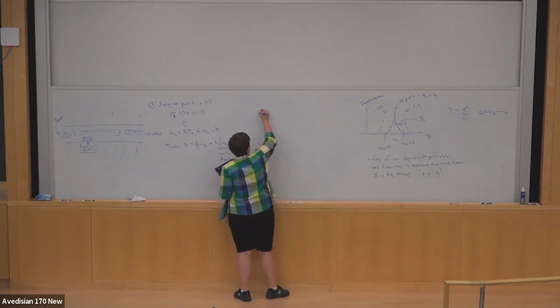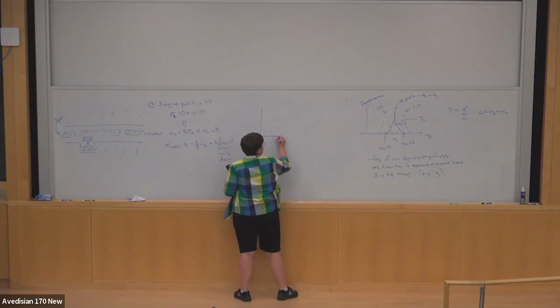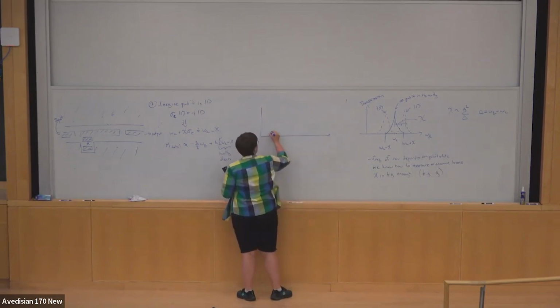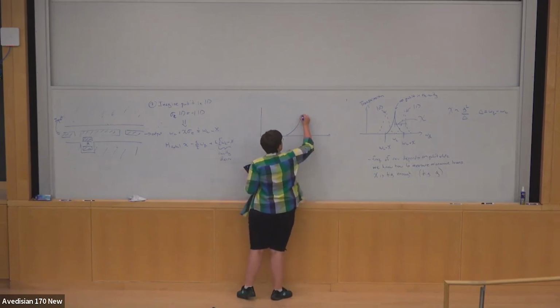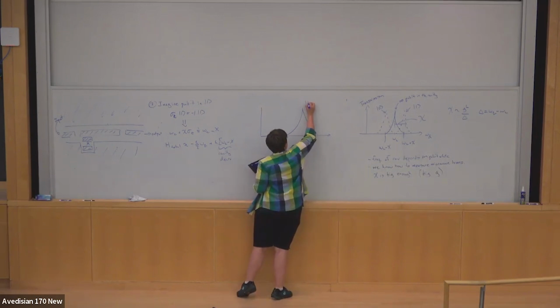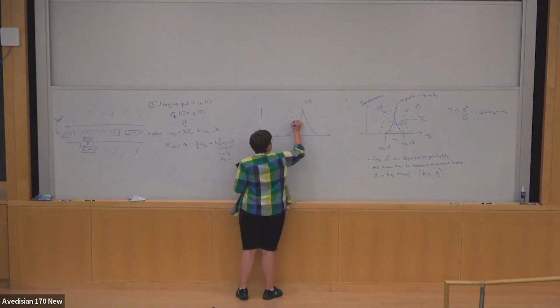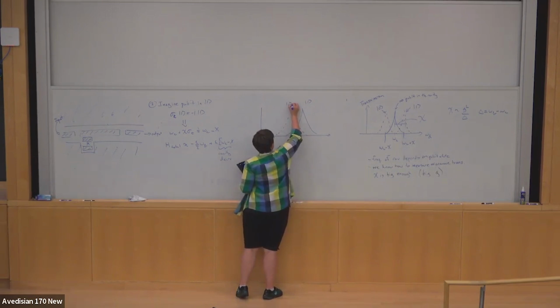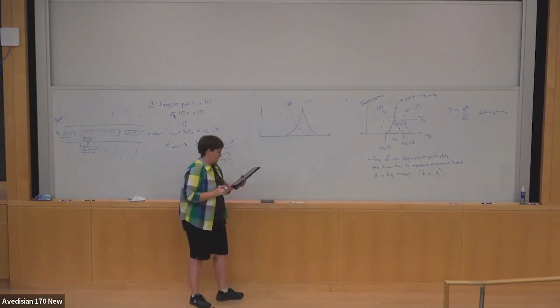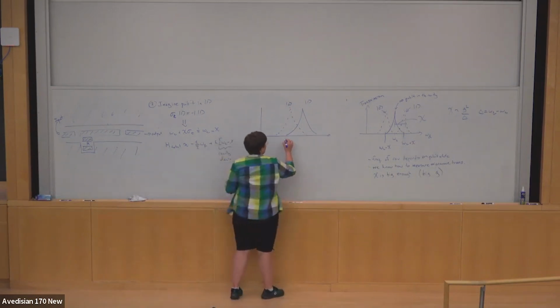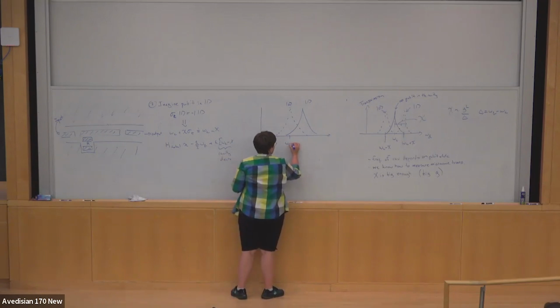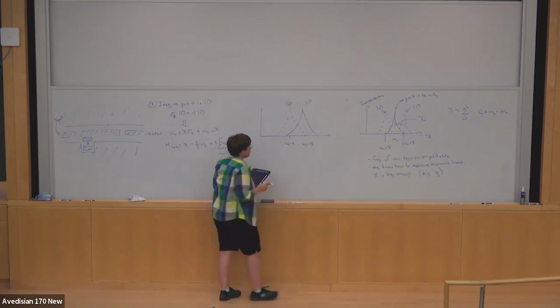And so if I redraw this diagram with a little bit less clutter, this is the resonance if the qubit is in the 1 state. And this is the resonance if the qubit is in the 0 state. So this is omega c minus chi. This is omega c plus chi.